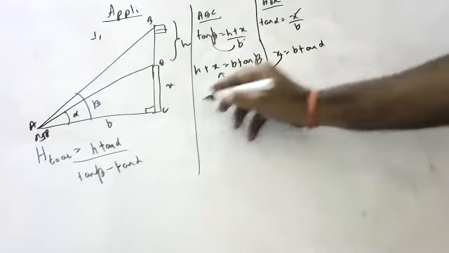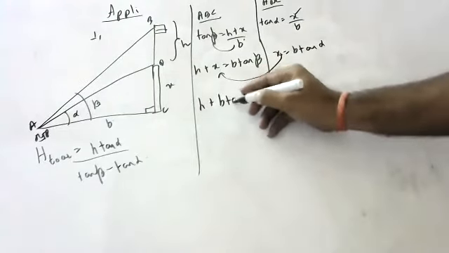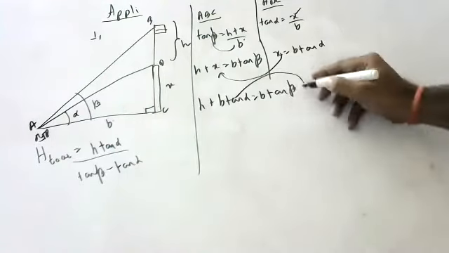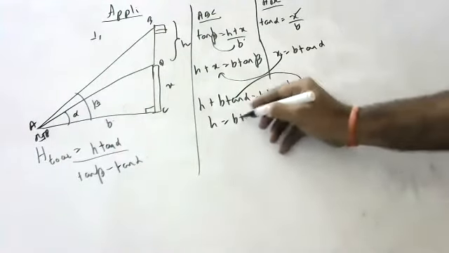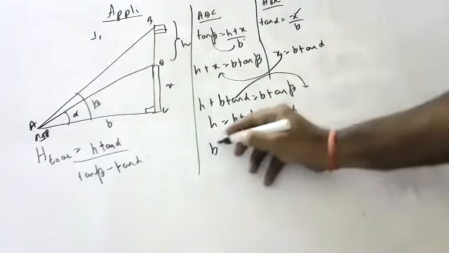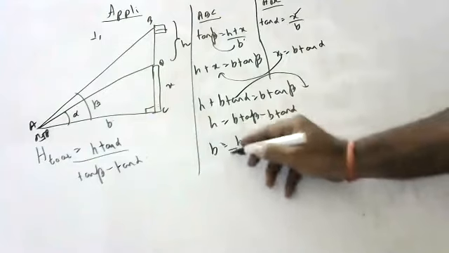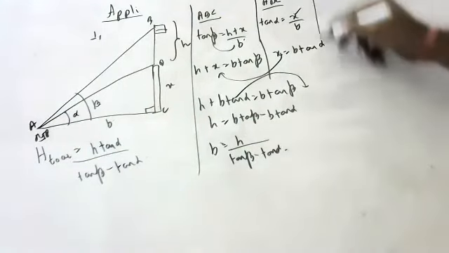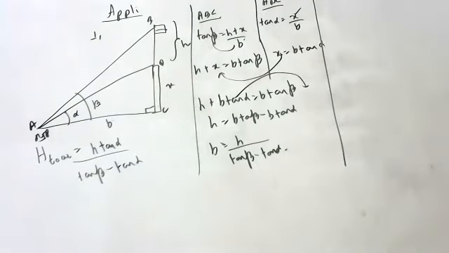Put x here: h plus b tan alpha is equal to b tan beta. Bring this here: h is equal to b tan beta minus b tan alpha. Take b common: b times tan beta minus tan alpha.